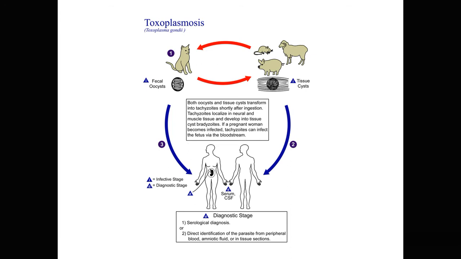These tachyzoites move to the CNS or muscle tissue and turn into the tissue cysts, the bradyzoites. And what is important, in infected pregnant women, tachyzoites can infect the fetus and can cause damage to the fetus.